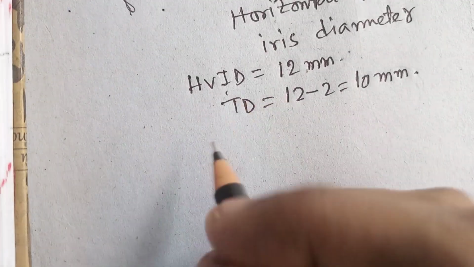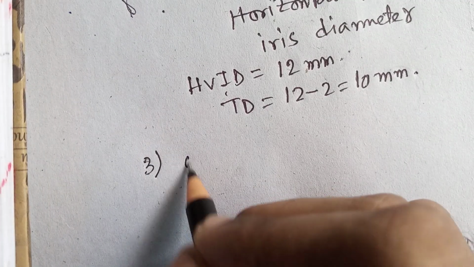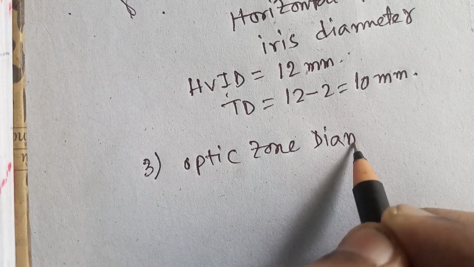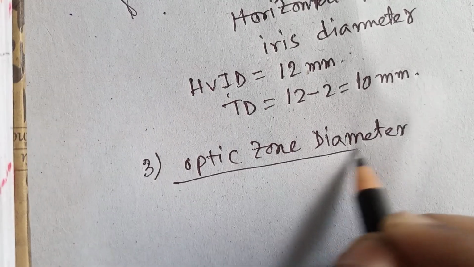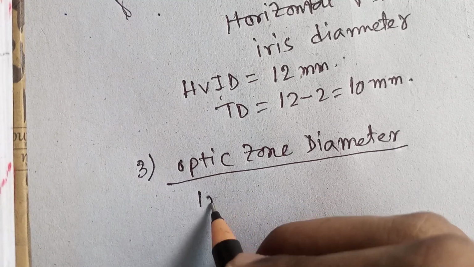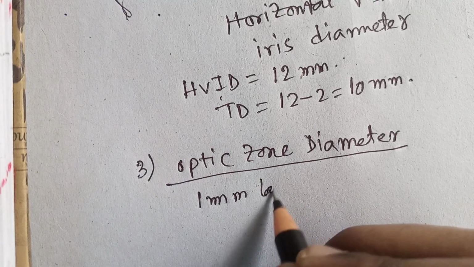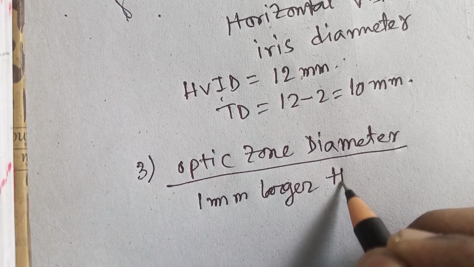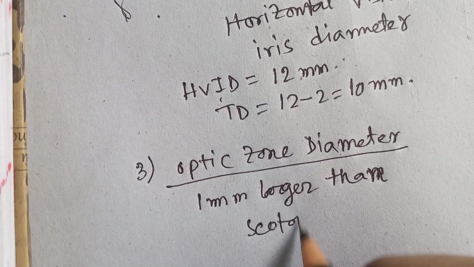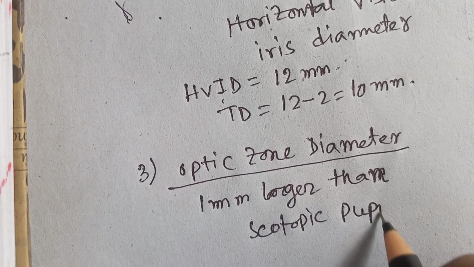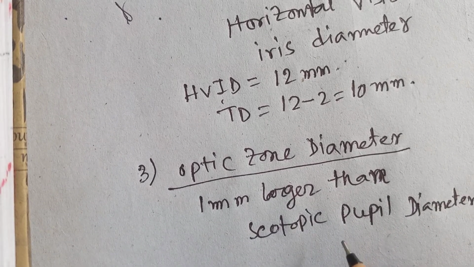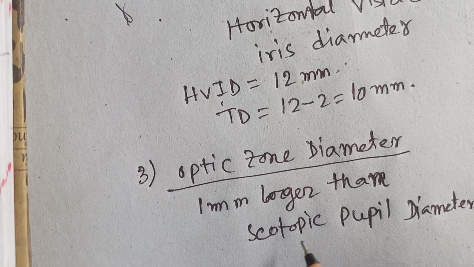Now the third parameter is the optic zone diameter. The optic zone diameter is always 1 millimeter larger than the scotopic pupil diameter.